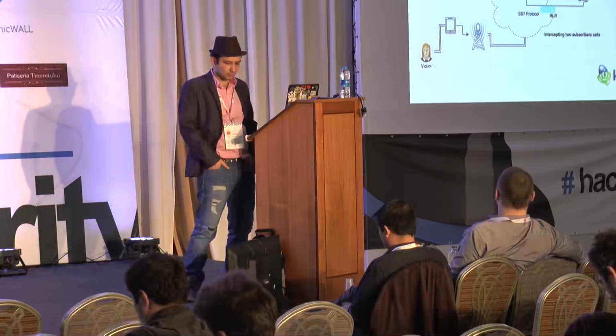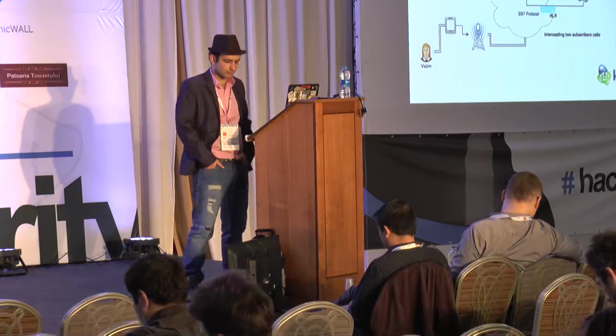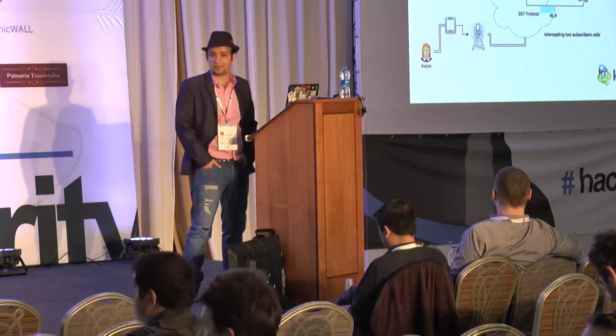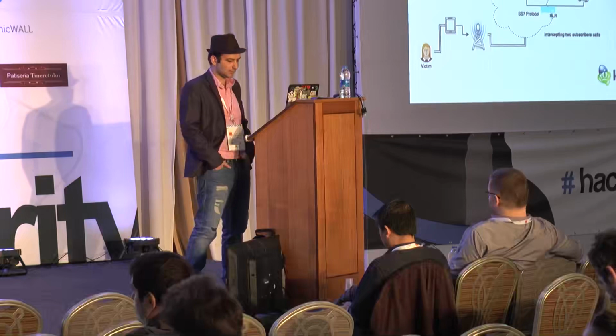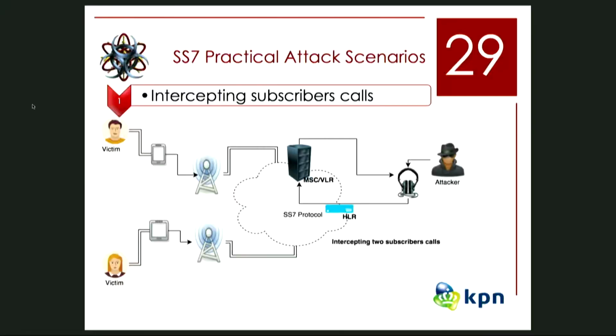Let's browse through some of the attack scenarios over the SS7 protocol. Intercepting subscriber calls. When a subscriber registers on a switch, the subscriber profile is copied from the HLR to the VLR database, the home location register to the visitor location register database.